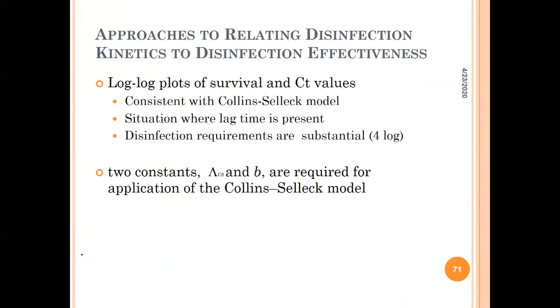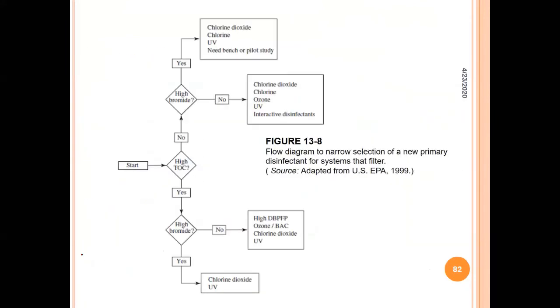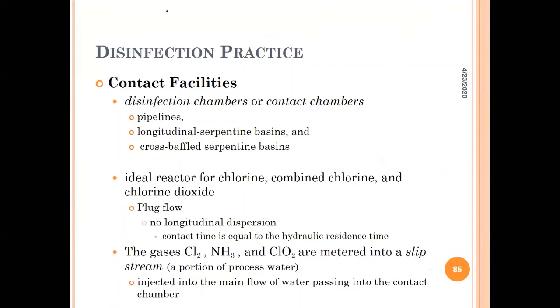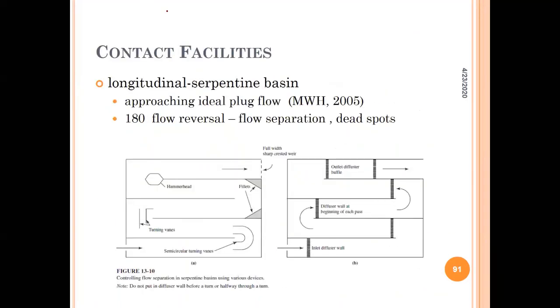Then you have to solve problem number 30, example 13-5. This is maybe 10-5 in your book, maybe Davis, the small book.